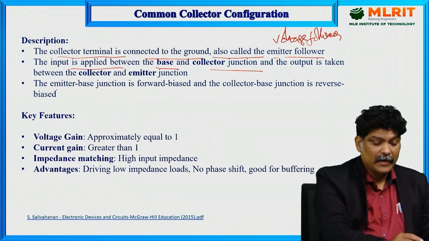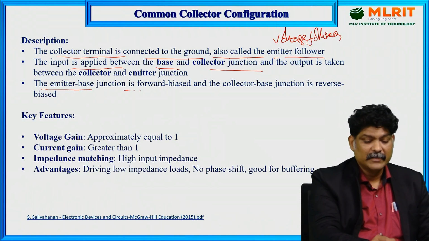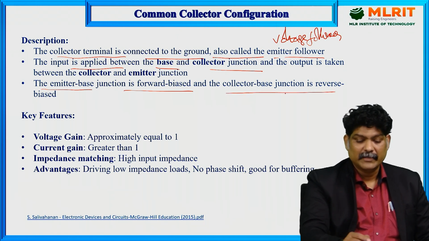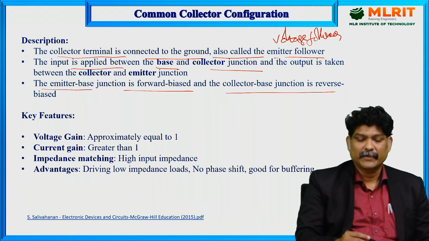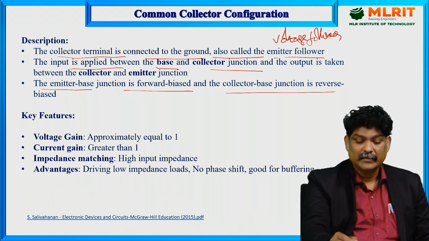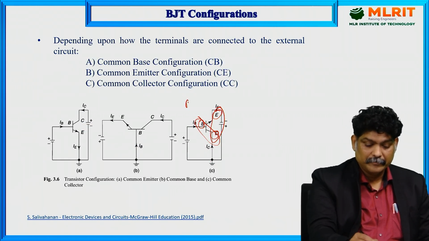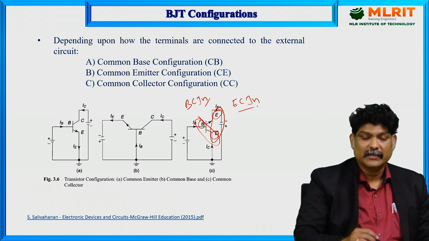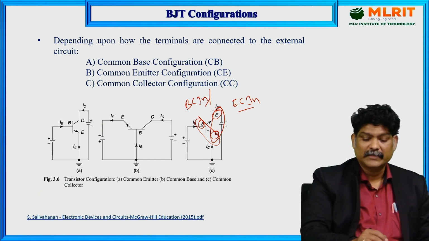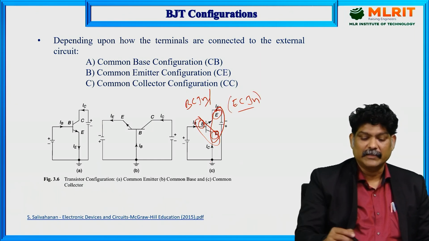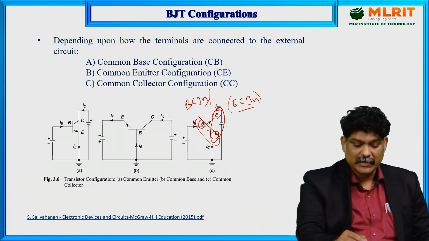The emitter base junction is forward biased and the collector base junction is reverse biased. Here we have the base collector junction and the emitter collector junction, because the collector is common.